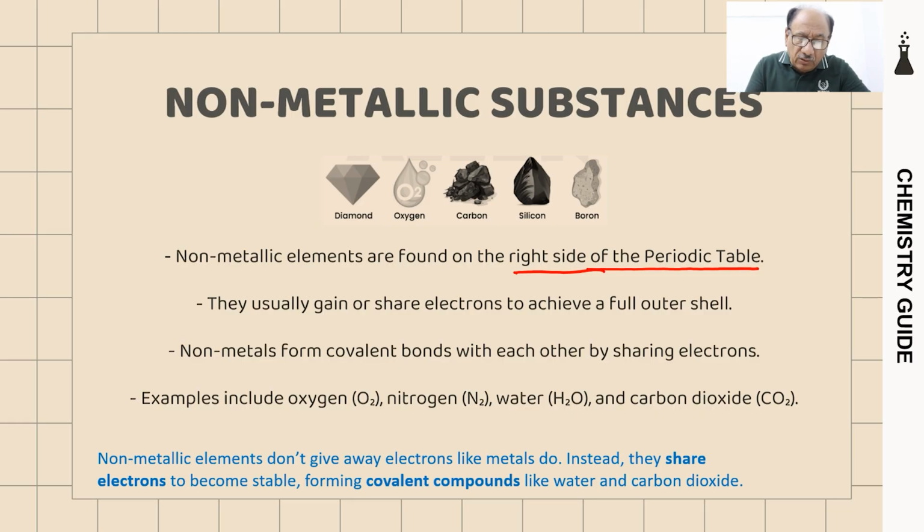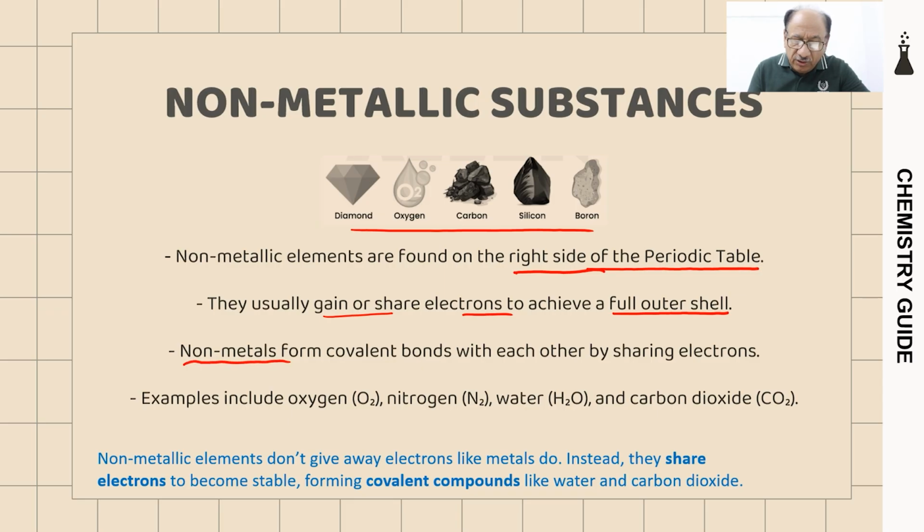They usually gain or share electrons to achieve a full outer shell structure. Every element in the periodic chart is looking for a stable noble gas structure.